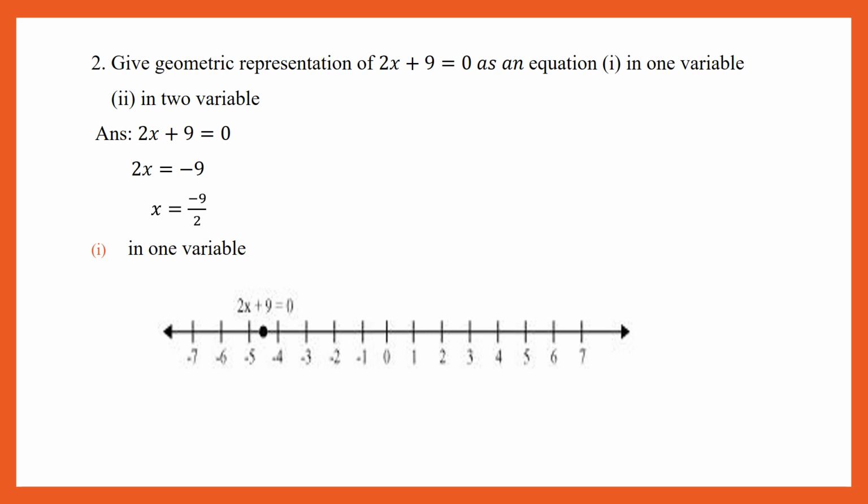Draw the x-axis, plot the points and we can plot negative 4.5 on the number line, which is the geometric representation of 2x plus 9 equal to 0 as an equation in one variable.